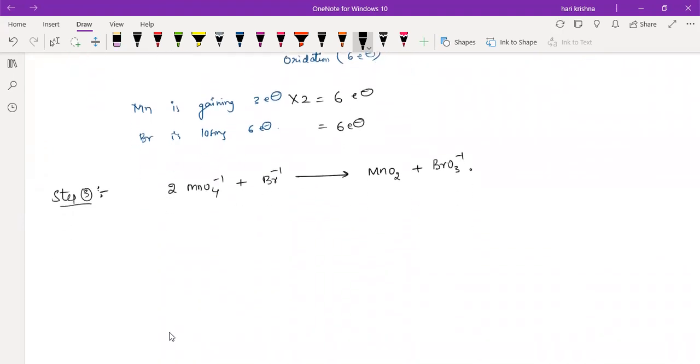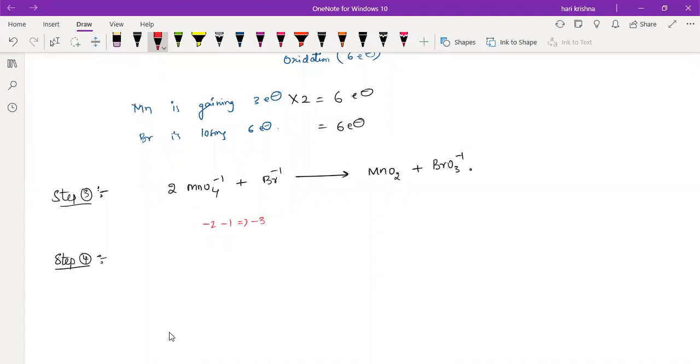No, sir. Now step number 4 is what? Balancing of charges. So how to balance the charges here? What is the charge on the reactant side? Sir, is it minus 3? Minus 3, very good. Minus 2 here, minus 1 here, so total equals minus 3.